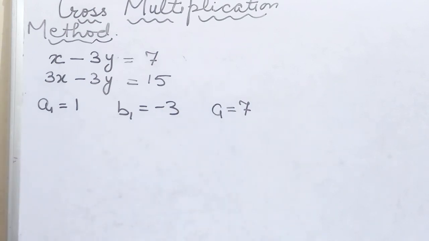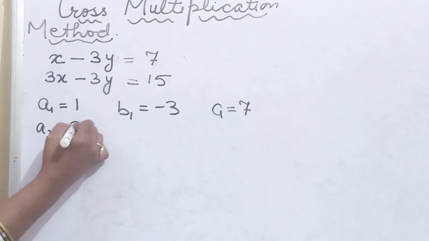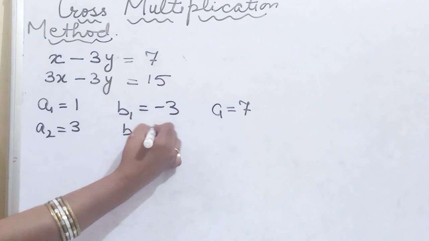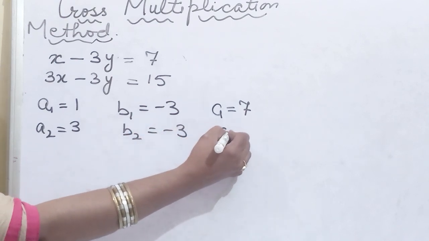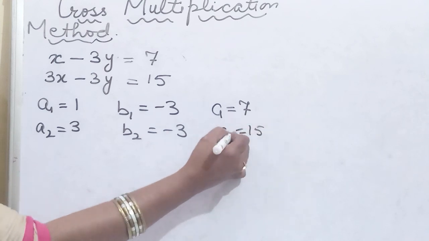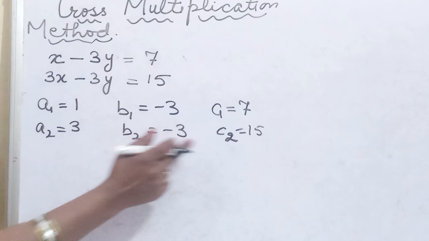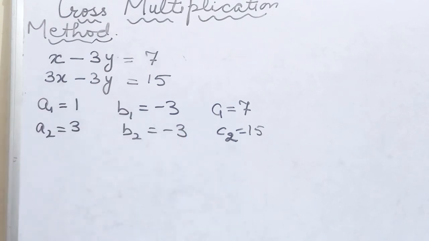Similarly, from the second equation, A2 is 3, B2 is minus 3, and C2 is 15.